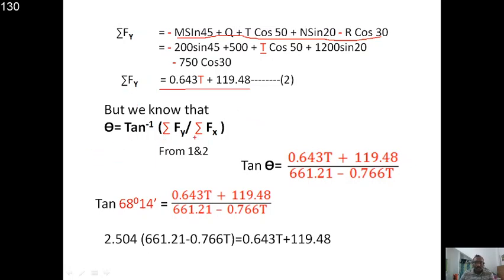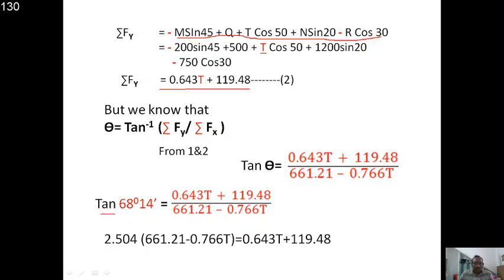Tan inverse is replaced with tan theta here: tan theta is equal to sigma f of y by sigma f of x. So use the same equation and solve it by substituting equations 1 and 2, step by step, right?